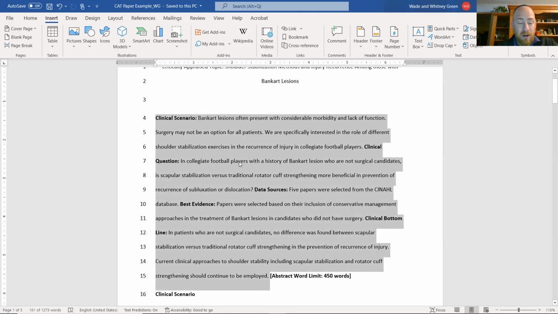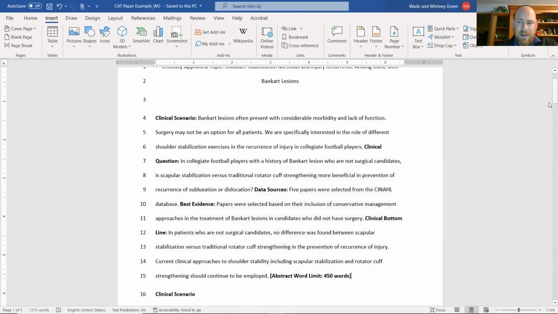If you look down in the far left corner of the screen, it's going to give you the number of words present in that highlighted section. It'll give you an accurate idea of your word count.